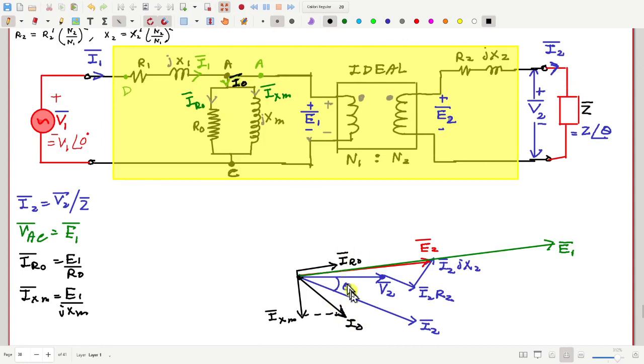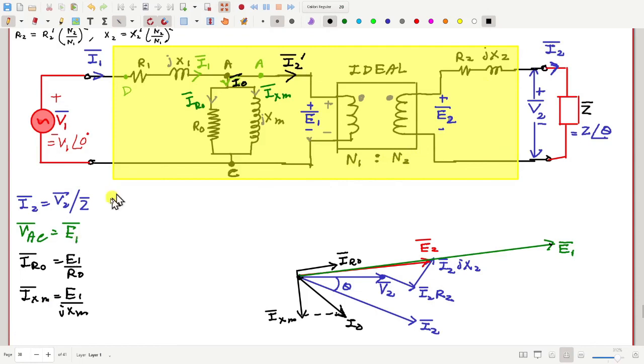Now once I know I0, then what can I do? I can get the voltage drop across R1 and X1 and then add this voltage drop with E1 to get voltage V1. Before that, this current is I2. Let me call this current I2 prime. I2 prime will be I2 multiplied by N2 by N1.